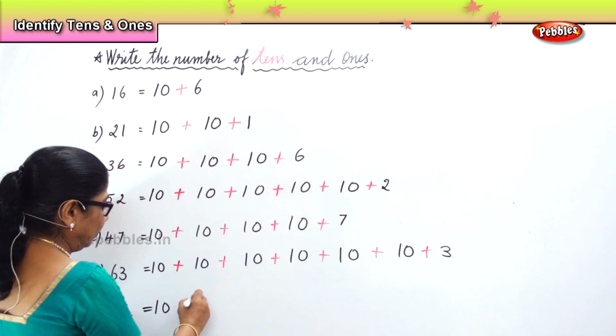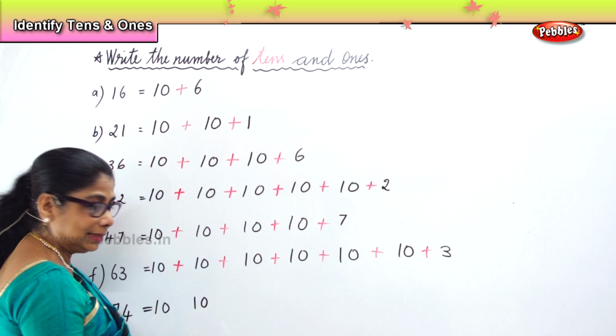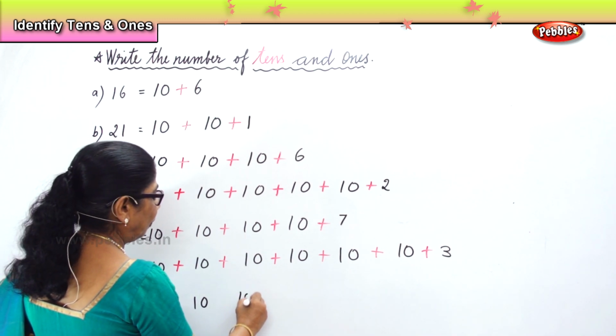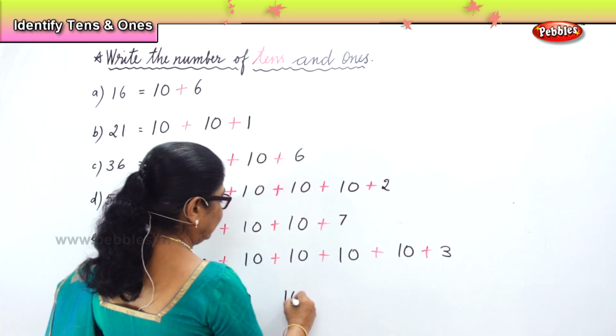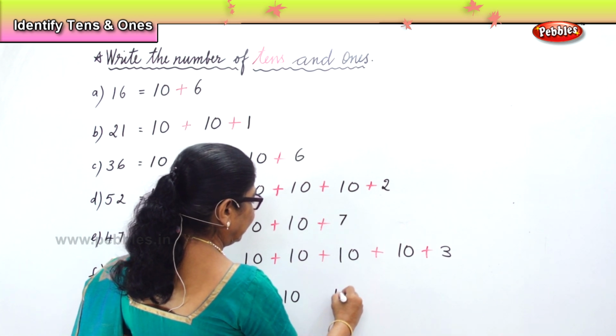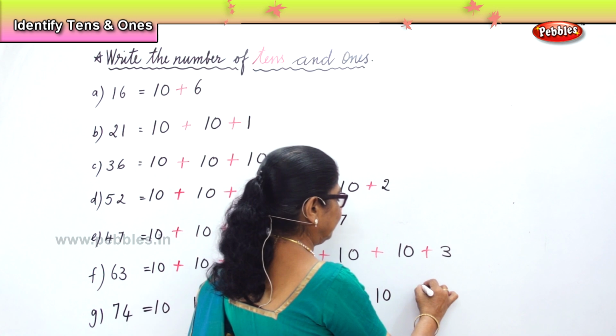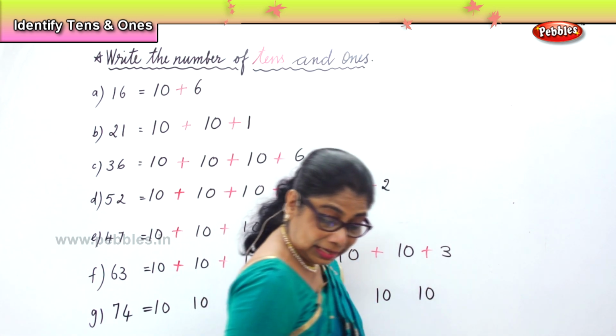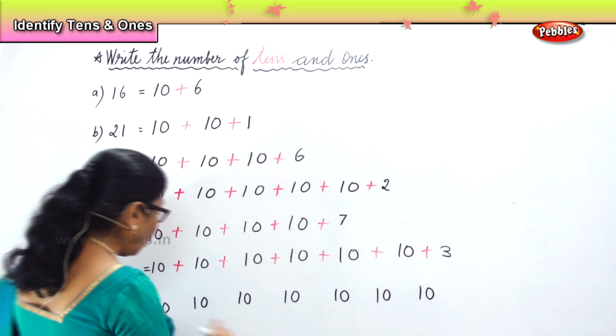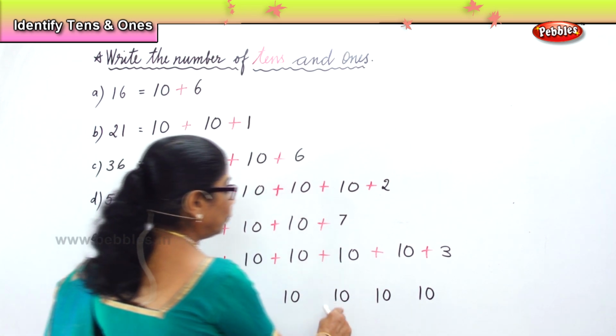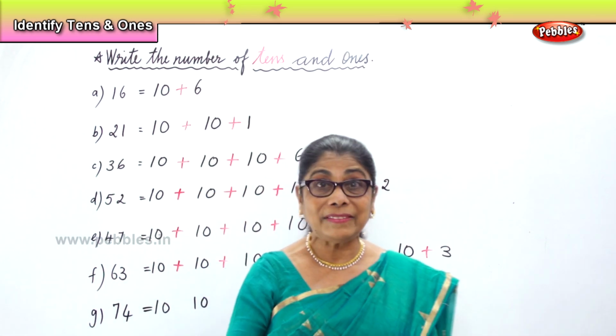That is 10, 20, 30, 40, 50, 60, 70. Now let's look at it carefully. Okay. 1, 2, 3, 4, 5, 6, 7. 70.